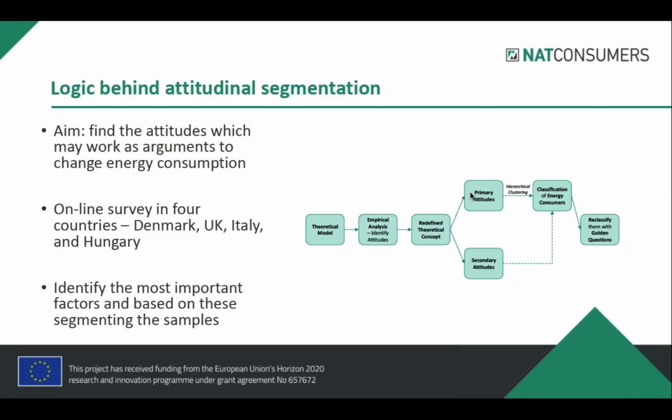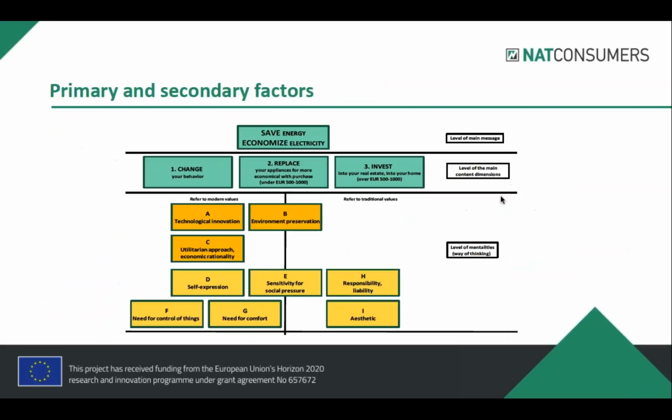Based on the primary attitudes, we made the classification of energy consumers. Here on this level are the primary drivers. We had 3 primary drivers.